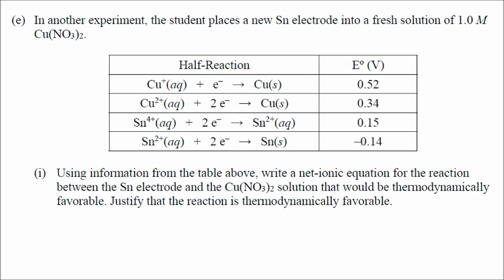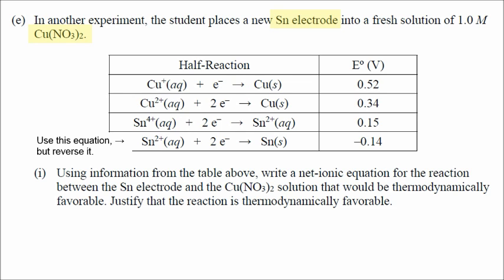All right, part E, we have 4 half reactions, and we have to pick which 2 half reactions are relevant to this reaction, placing a new tin electrode in a fresh solution of copper nitrate. We want tin with an oxidation state of 0, and we want copper with an oxidation state of +2.